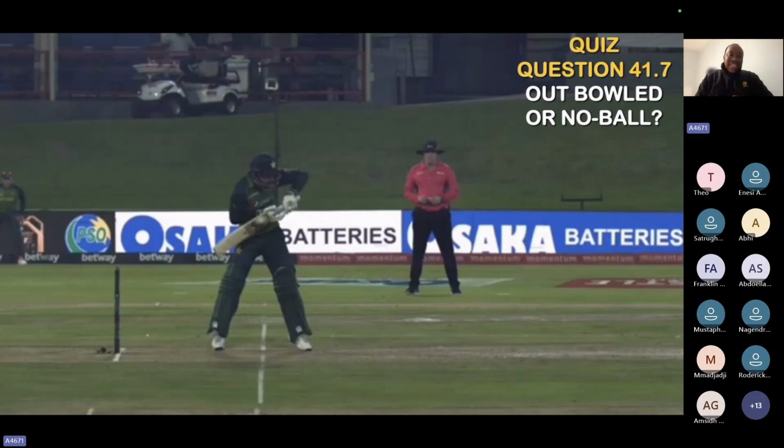And if there is another delivery that is directed at the striker and is above waist height with the striker standing upright at the crease in the same innings, then that particular bowler will be removed from the attack. Okay?